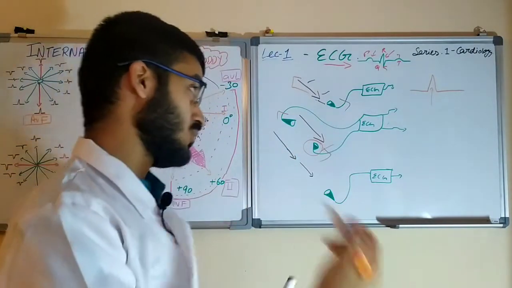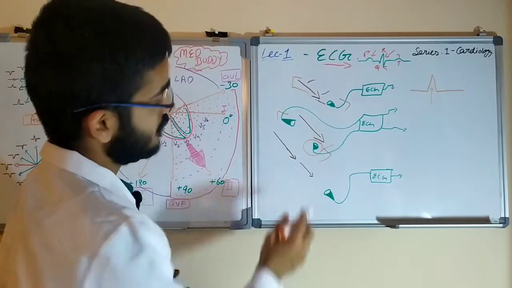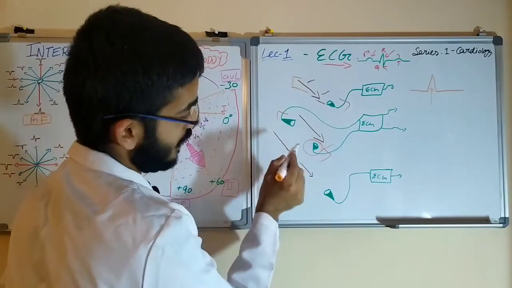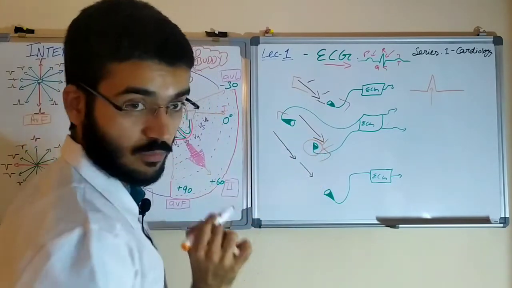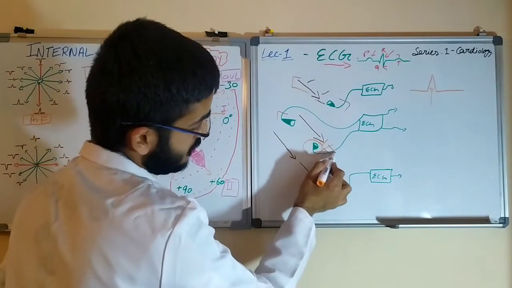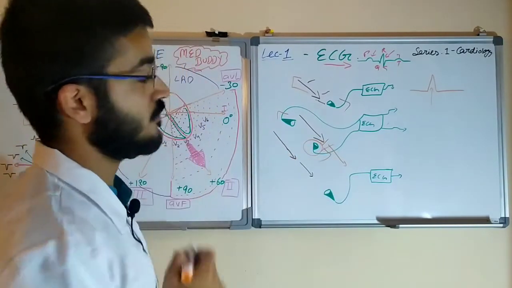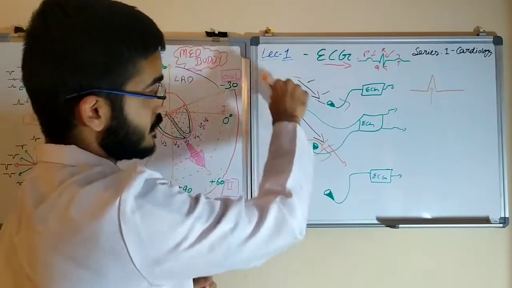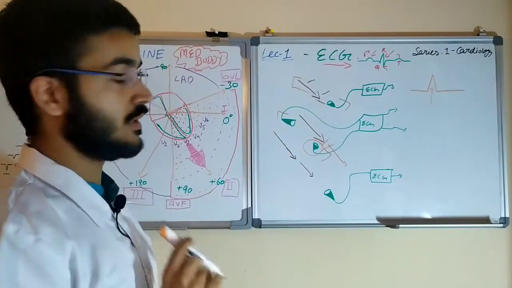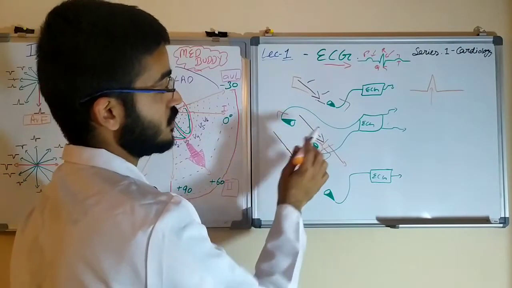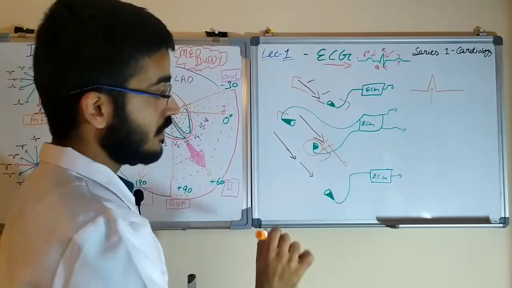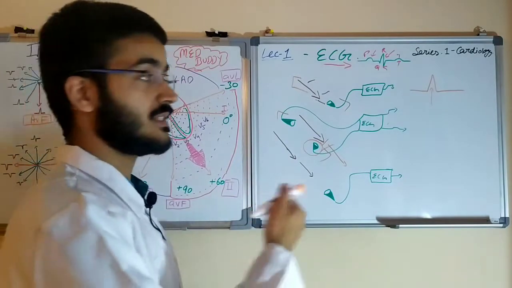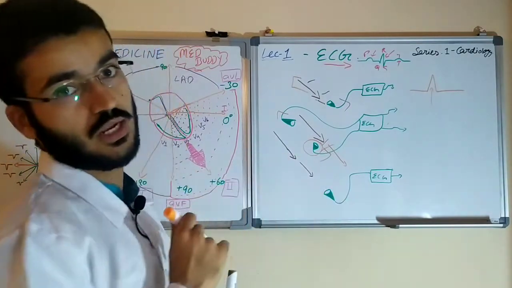The same thing is happening with this lead. The direction of this vector is towards the lead up to some point, and after that it is going away from the lead. So firstly it is coming and then it is going. Here are the two components of this vector's direction: one component is coming towards the lead and another component with the same magnitude is going away from the lead.